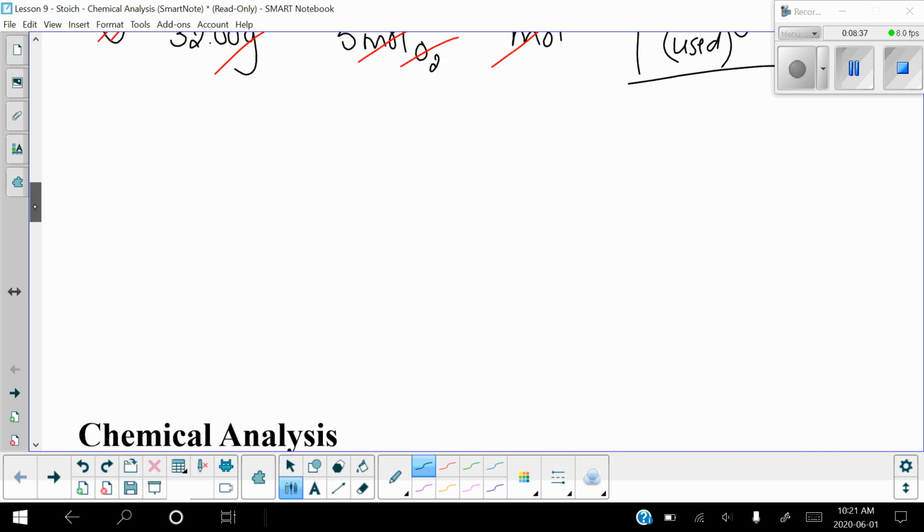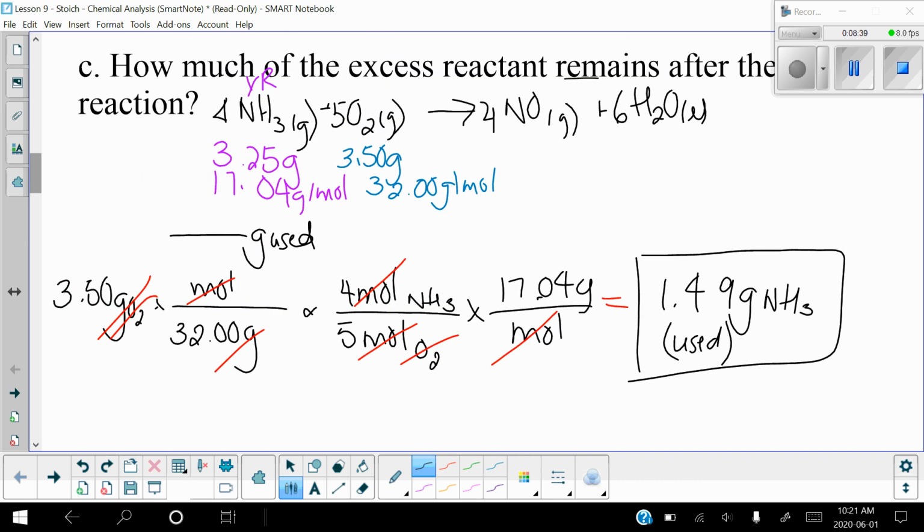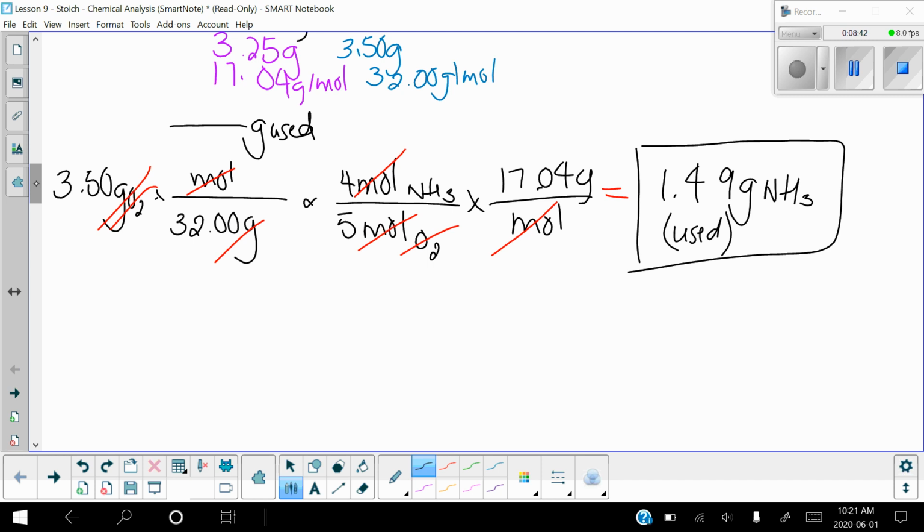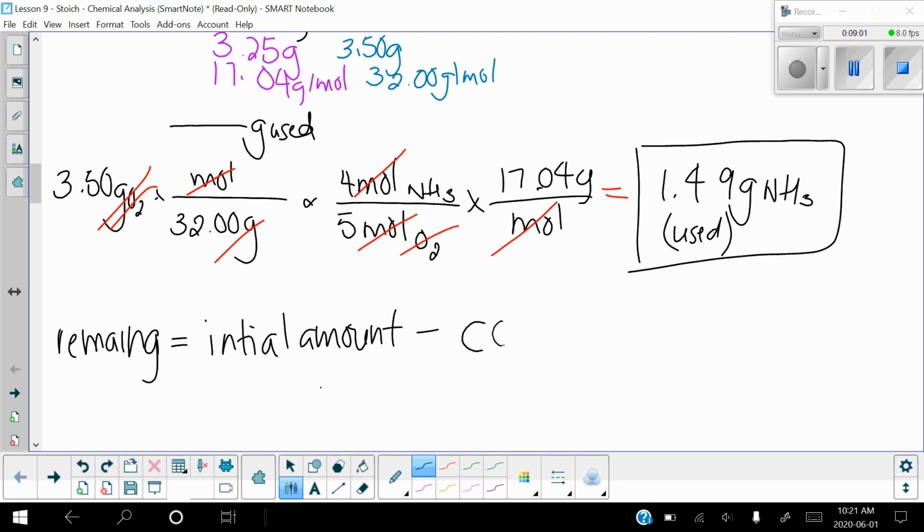Now, to find how much is left, you're going to say remaining is equal to initial amount minus the consumed or used amount. You don't really need to use this as a formula, but I'm just trying to visualize it for you. So we plug that in, that's going to be 3.25.